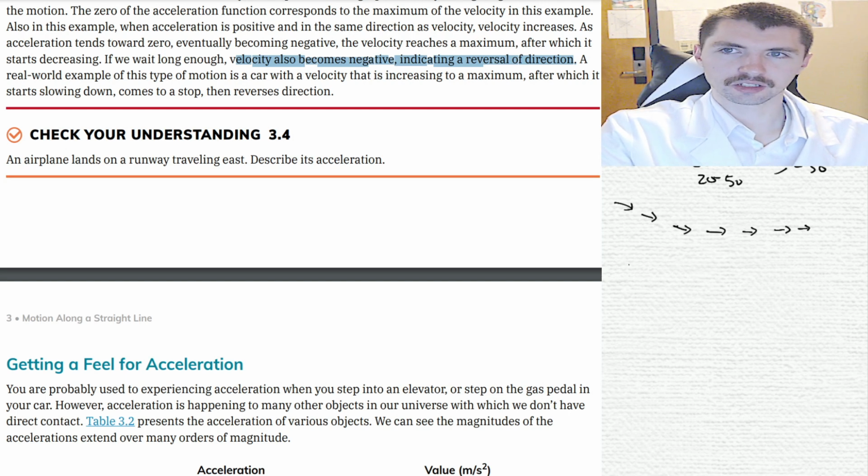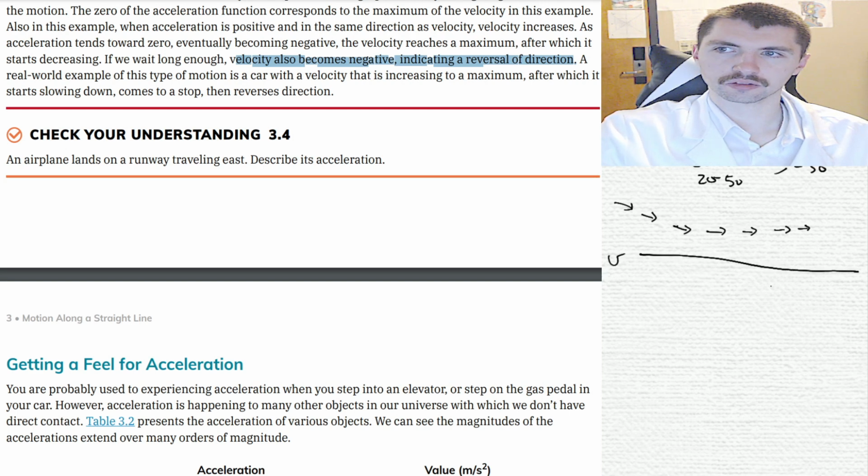Describe its acceleration. So its velocity looks like this. It's not going backwards.